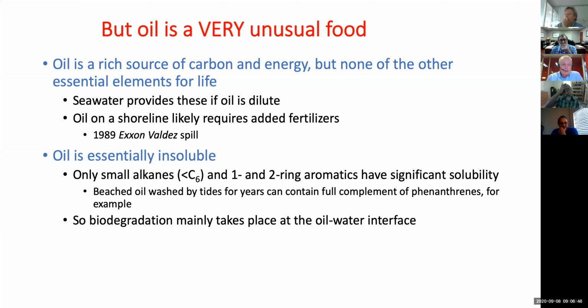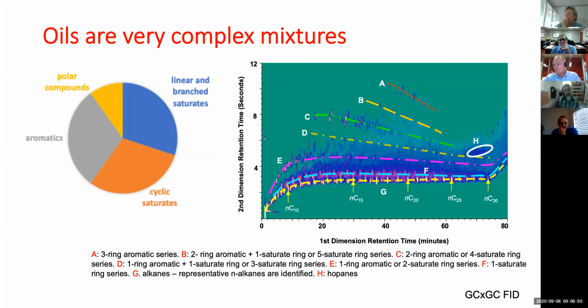Oils are very complex. As a rule of thumb, though, it's fair to say they're usually around 30% linear and branched saturates, about 30% cyclic saturates, and about 30% aromatics. The remaining 10% are polars, of which about half are typically what we call asphaltenes, really big, very dark molecules. It's important to recognize that when it's called an aromatic, that means it has at least 1 aromatic ring.